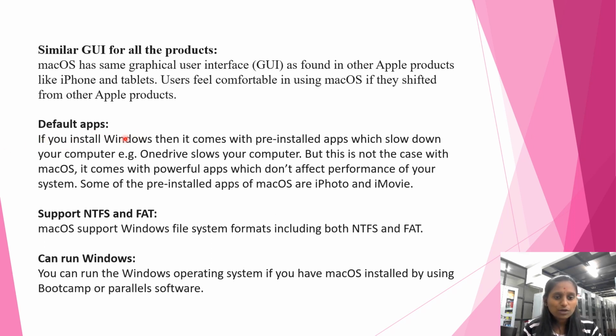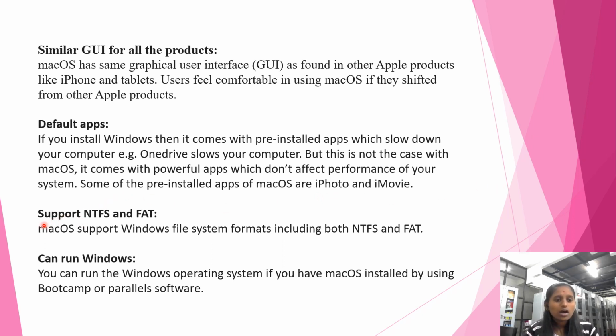If you install Windows, then it comes with pre-installed apps which slow down your computer. Example, OneDrive slows your computer, but this is not the case with macOS. It comes with powerful apps which don't affect the performance of your system. Some of the pre-installed apps of macOS are iPhoto and iMovie.